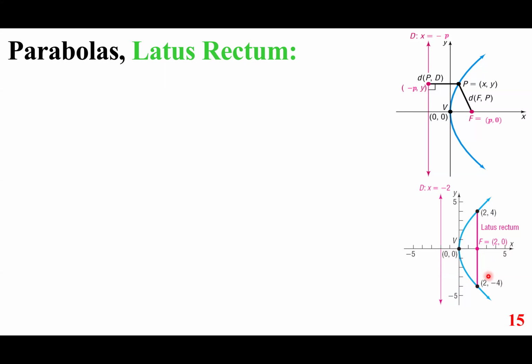So from the focus, you draw a line segment parallel to the directrix. It cuts the graph, the curve, at those two points. Those are the endpoints. This total distance is called the latus rectum, okay? And it's 4 times p.